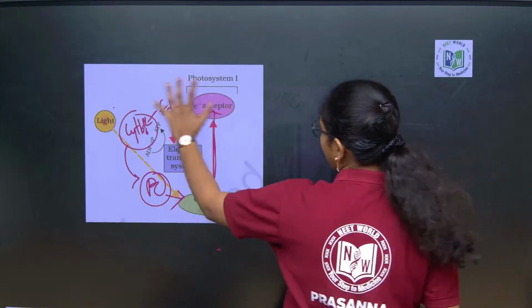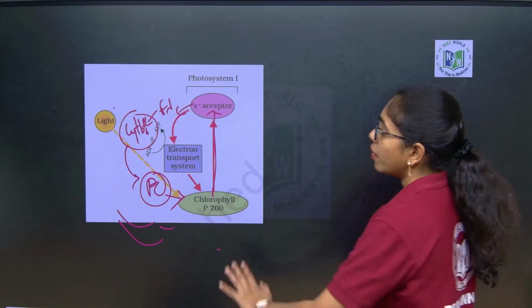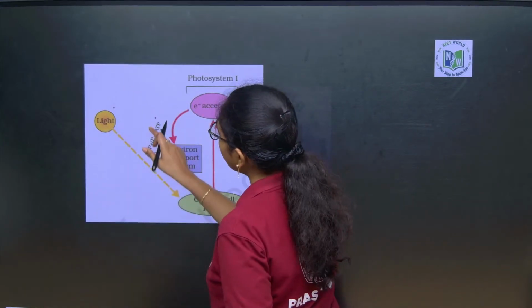This is the cyclic flow, that is why it is called cyclic photophosphorylation, where only 2 ATP molecules will be released in this process.